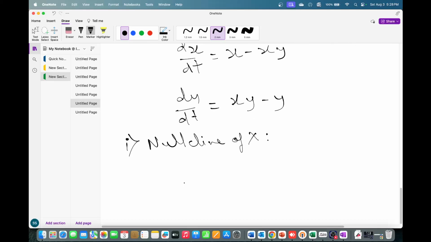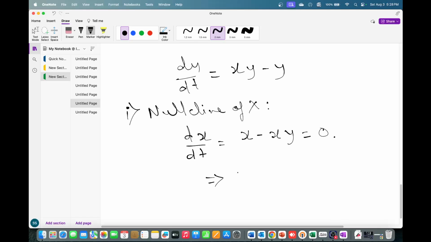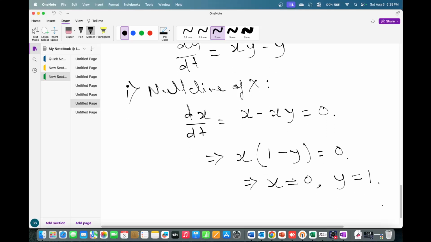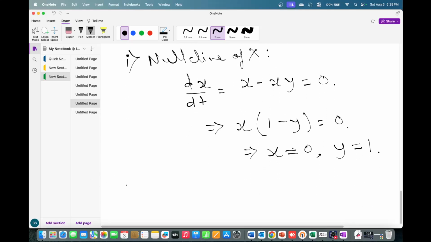Okay, how will you find dx/dt equal to 0? Just equate it to 0. So x minus xy equal to 0. Now you solve this. You take x common, x times (1 minus y) equal to 0. So your solution is x equal to 0 or y equal to 1. Okay, this is your solution for the nullcline of x.